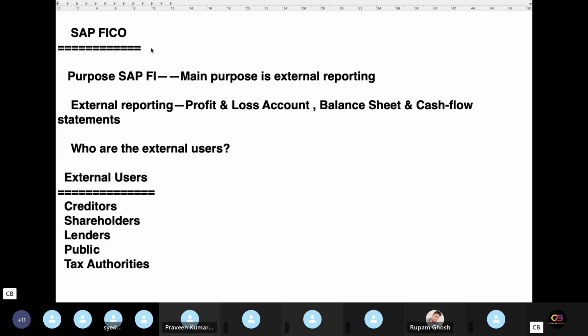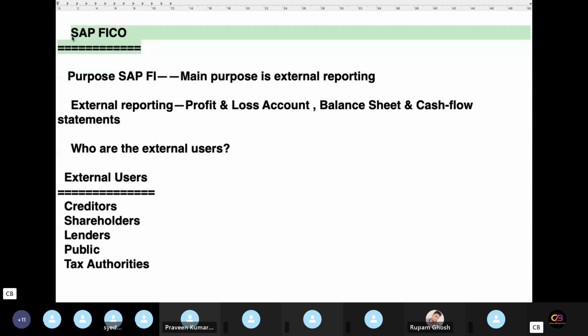Right now you understand that SAP FICO is for only external reporting, not internal. So everyone can see the reports, the financial status and everything. If you pay some amount to the company's registrar, then you can see the company financial statements. Sometimes the company financial statements will be published in the newspapers also.